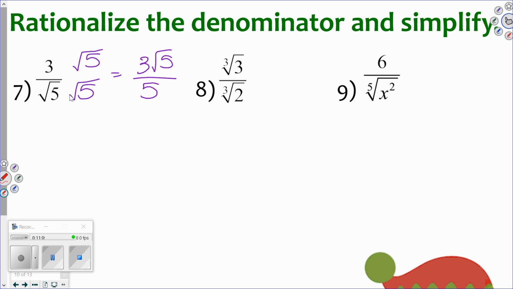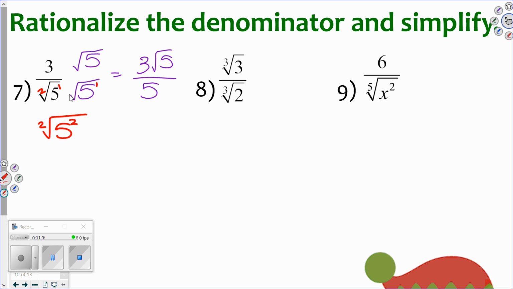What's the index on this square root? It's a 2. So I wanted to make this so that my 5 had an exponent that matched that. This was 5 to the first, and this is 5 to the first, which makes 5 to the second. What's the square root of 5 squared?